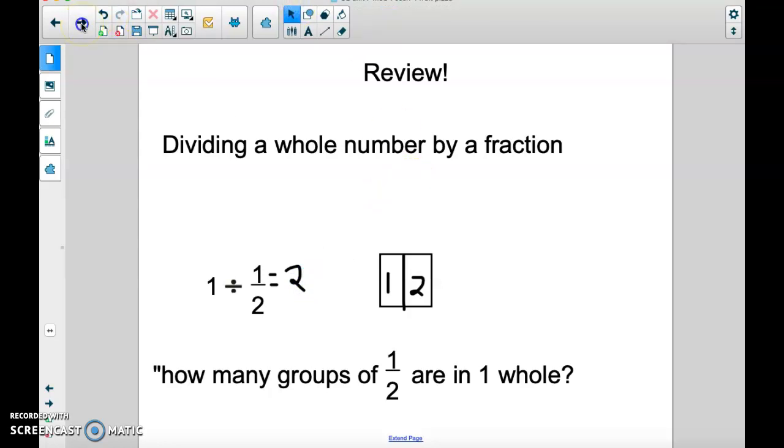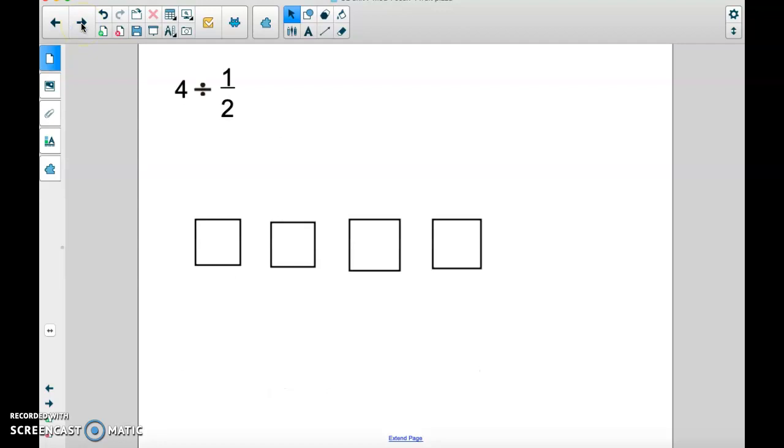Let's try a couple. So go ahead, look at 4 divided by 1/2. Pause your video, solve it, and then come back when you're ready. So hopefully you realize that we're starting with 4 wholes. Yes, that's how much we have to begin with. And we need to see how many 1/2s are in 4 wholes.